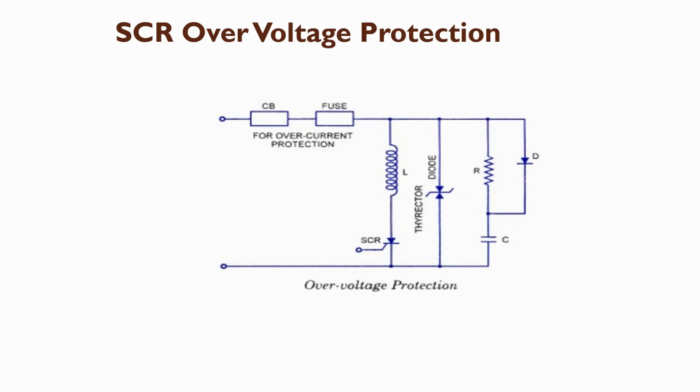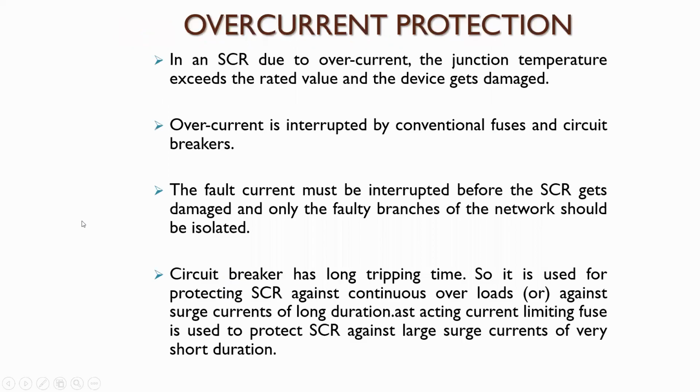This is the protection circuit for the over voltage. Initially it acts as high impedance and draws only a leakage current, but whenever the voltage increases, its impedance decreases and a high current flows through it. That is why it protects the SCR during high voltages.